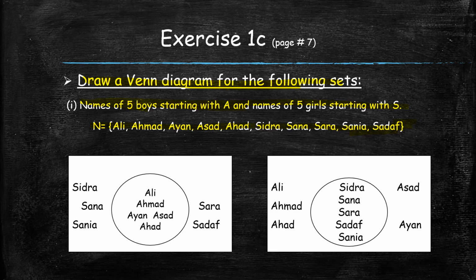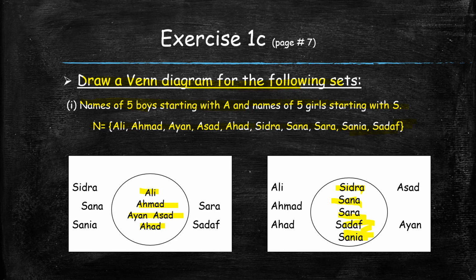So these two Venn diagrams are representing this set N. In this one, all the names of boys are written inside the circle, meaning this Venn diagram is representing the names of 5 boys starting with letter A, and we wrote all other names outside the circle. And in this we have written all the names of girls starting with S inside the circle.